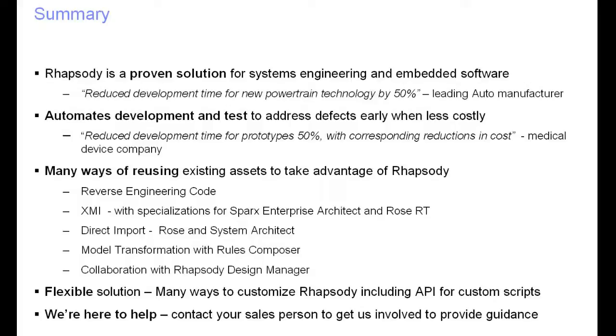There are a lot of ways of using Rhapsody and a lot of ways of bringing designs over to Rhapsody. I talked about code, XMI, direct imports, model transformations with Rules Composer, and sharing with Design Manager. There is no silver bullet here necessarily. It's not always going to be perfect, but there are a lot of ways to customize it, and we're here to help.